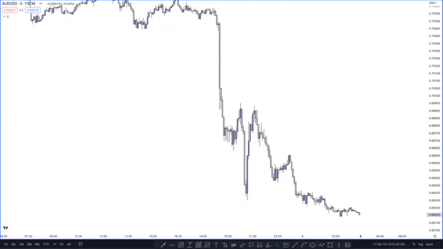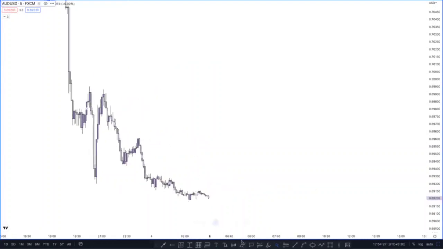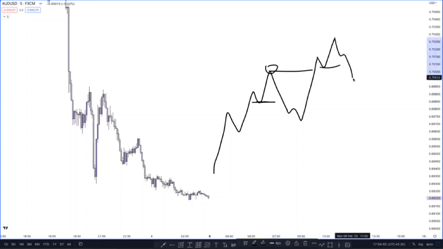Is there any actual difference between inducement and liquidity? Liquidity can be of different types, but inducement is only one type. Structure is broken and it takes out the first recent high or low like this. If the structure is bullish and it takes out the first internal low, right? So this is an inducement, correct? And it taps here and goes higher. Again, break of structure is here, and then the same thing happens here. This is an inducement, correct?